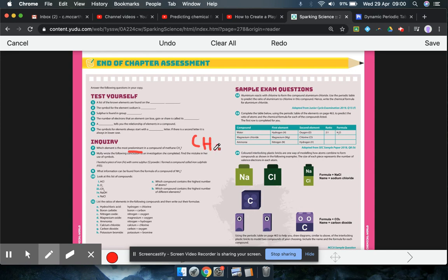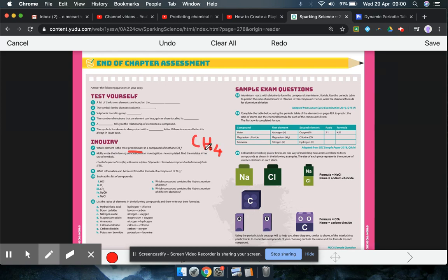After the carbon, this is a carbon atom, and we can assume here that this is one carbon atom. It's not written in, and you'd never see 1 written after an atom, because we normally just leave it alone. But we can assume this is 1 carbon atom.